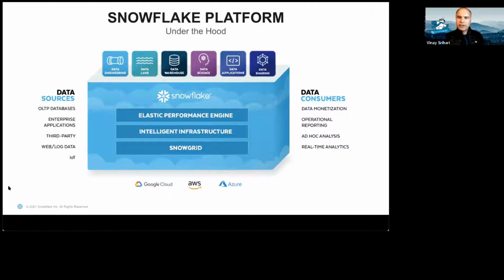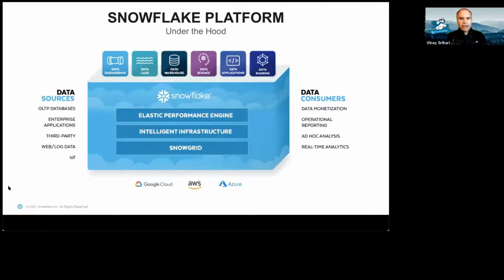Data engineering, certainly a data lake where structured, semi-structured, and unstructured data are located. Applications built on the data that deliver customer-facing products. And then data sharing, which is the piece we will focus on here today.